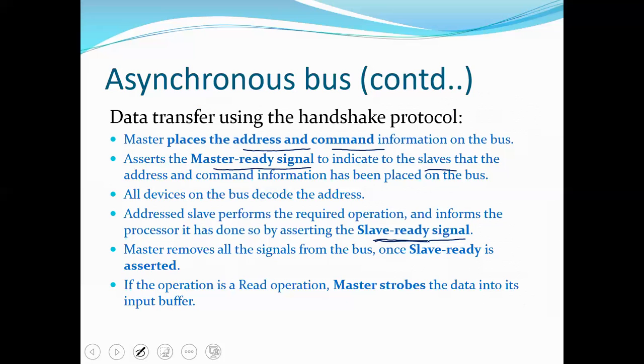Now the slave is already decided, and no more address and command information is required, because the slave has read the address, it is matched, and it has come to know what operation has to be done by using the command information. So the master removes the signal, and the reading operation will be completed.